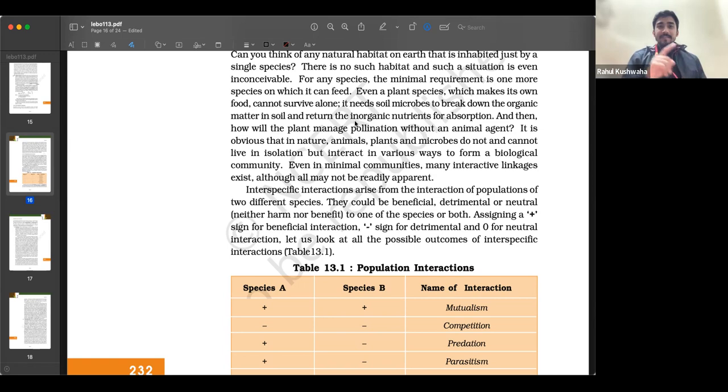There is a pathogen called Plasmodium, about which we studied in the previous chapter, Plasmodium vivax. Plasmodium has an interaction with mosquito, where Plasmodium can survive in a mosquito's salivary glands. There, this Plasmodium is at advantage, and mosquito is neutral.